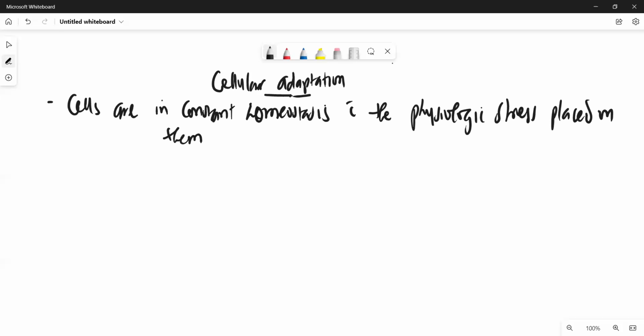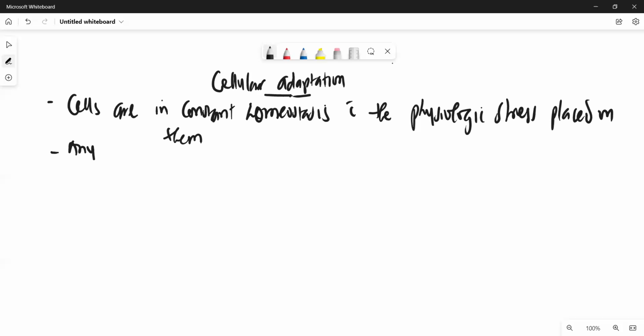They are able to handle all this stress that's been placed on them. And if there's any change in this stress, maybe the stress is increased or decreased, this can lead to what we call adaptation. So the cell has to look for a way to adjust to this new stress level.